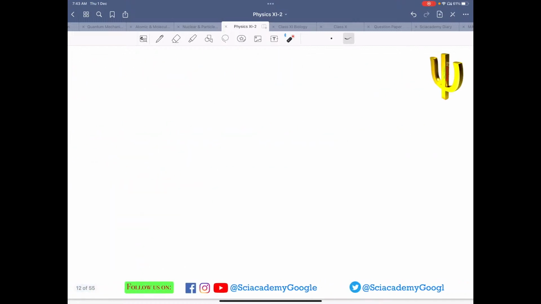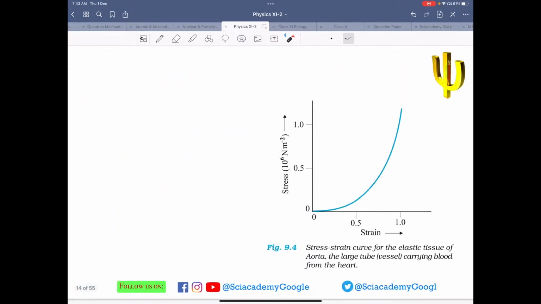Now let us consider the case of the elastic tissue of the heart. I discussed that different materials have different stress strain curves, but the elastic tissue of the aorta doesn't follow Hooke's law.